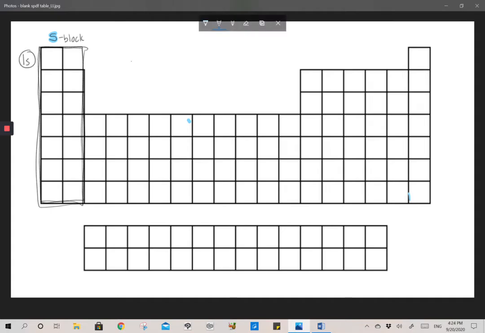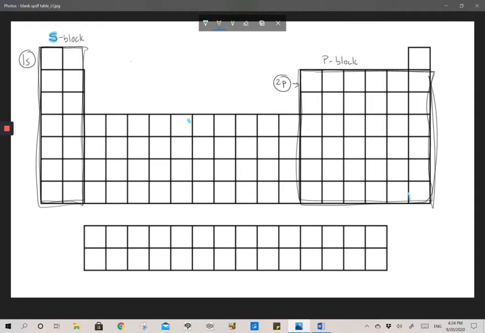Your P block is this block here. Okay, so this is your P block for your P orbitals, and it starts with 2P down there, and it goes down 3P, 4P, 5P, 6P.